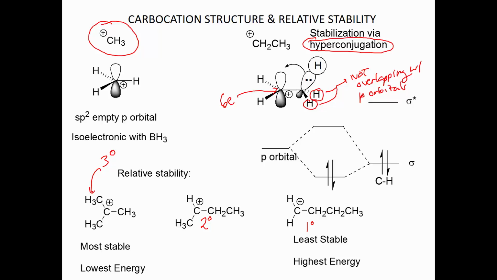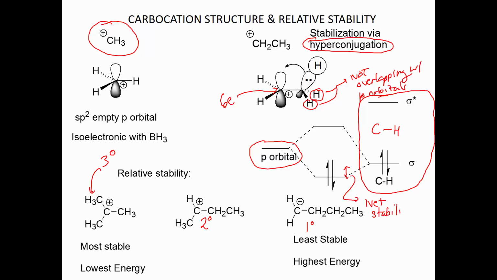This is kind of a hard concept to understand. One of the best ways to understand it is with molecular orbital theory. If we look at the CH bond over here as being a filled sigma orbital and an unfilled sigma star orbital, and the p orbital as being just an empty orbital at a slightly higher level because it's not engaged in bonding, what we see is that if we now interact these two species, we get a net lowering of the energy of the system.